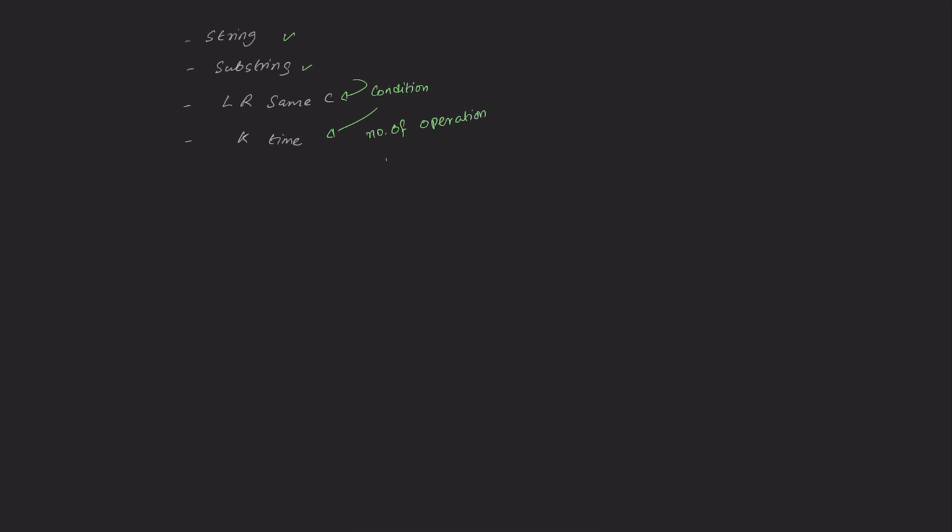So this K does not indicate the size of the window; rather, it shows that K operations can be done to generate a window of the longest size with the particular condition. Now with all that information, we got that yes, they have provided us a string, they are expecting some substring with a condition, and the number of operations we can do to generate a longer substring. In this case, we come to know that yes, we have to apply sliding window.